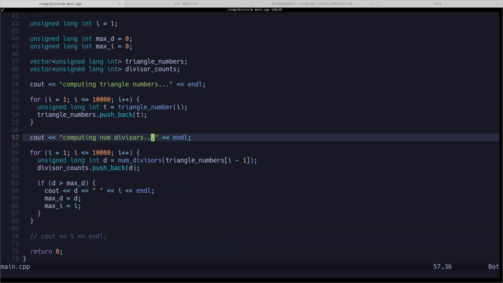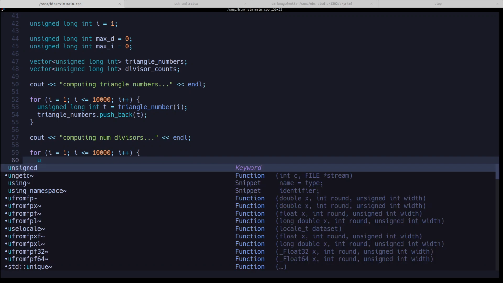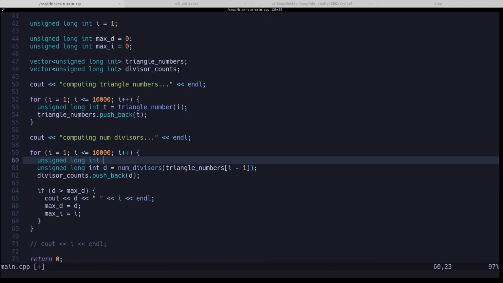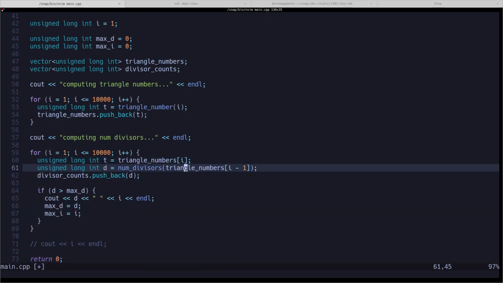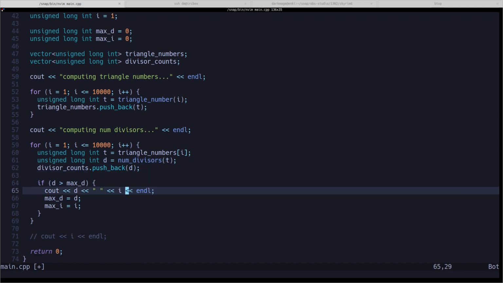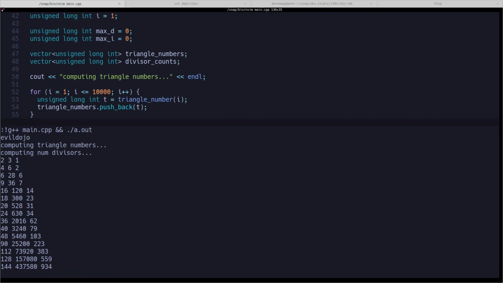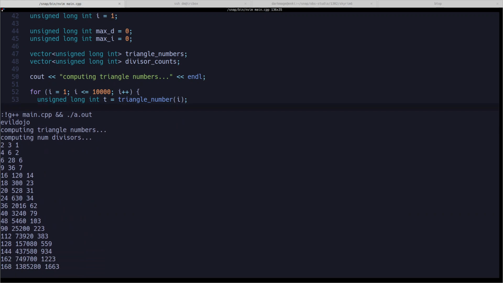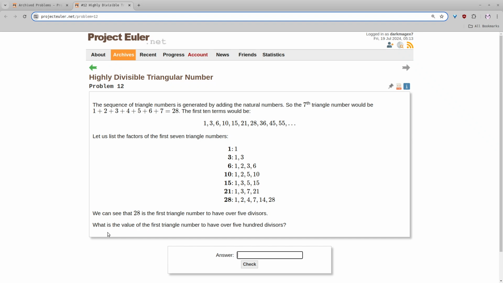So we should probably go ahead and list what the triangle number was, right? Okay, yeah. 28 is the 6th triangle number, or 7th rather.